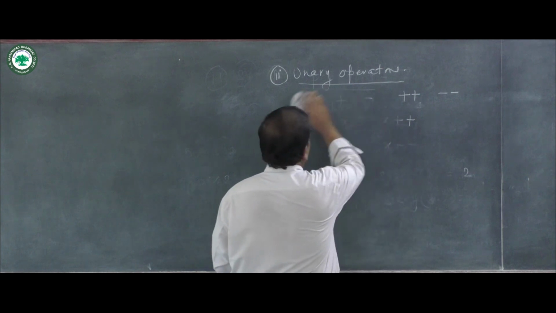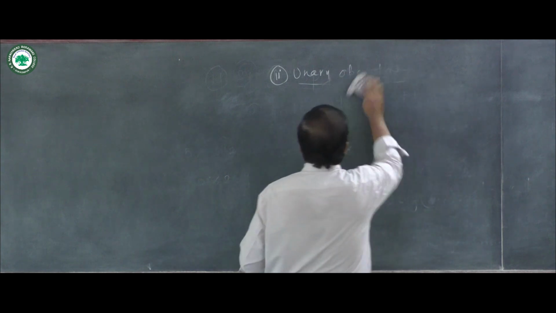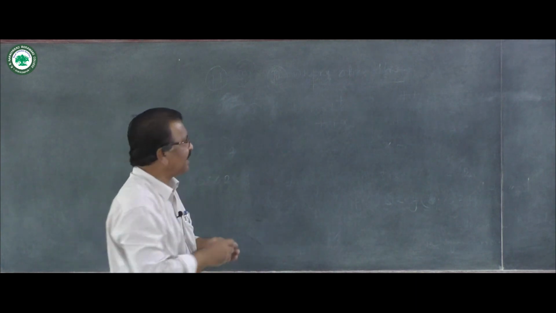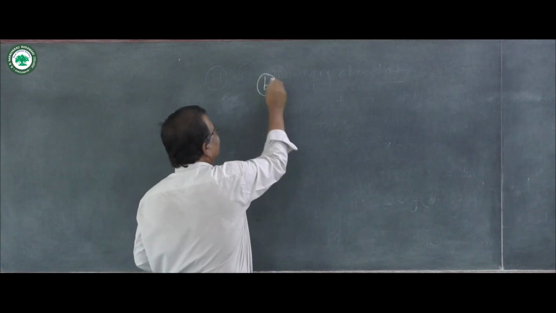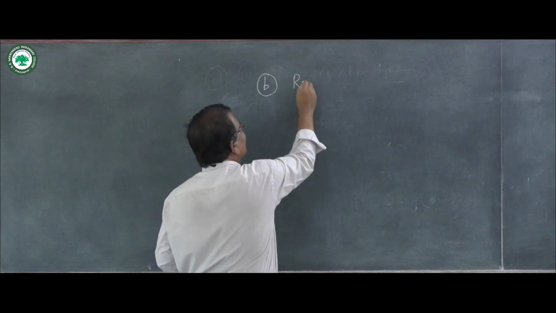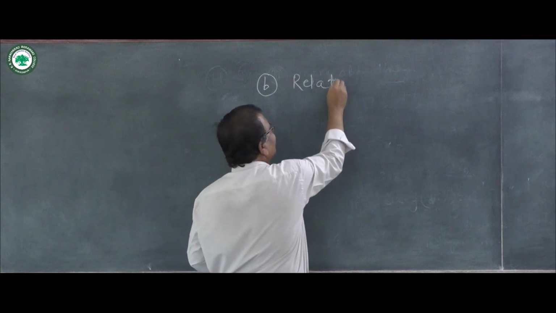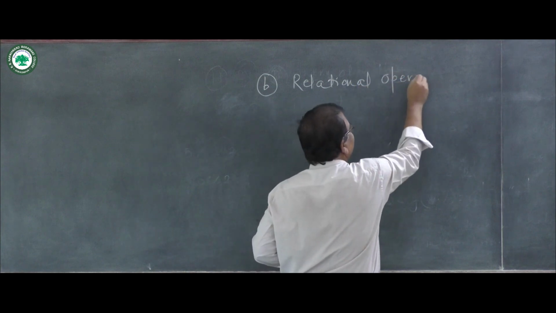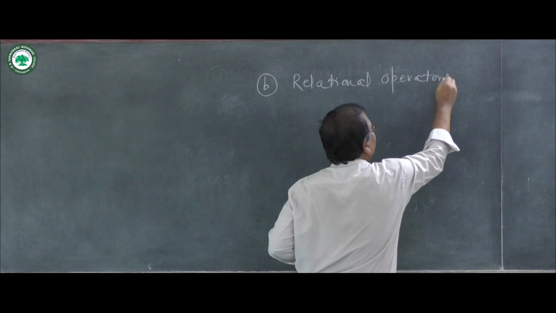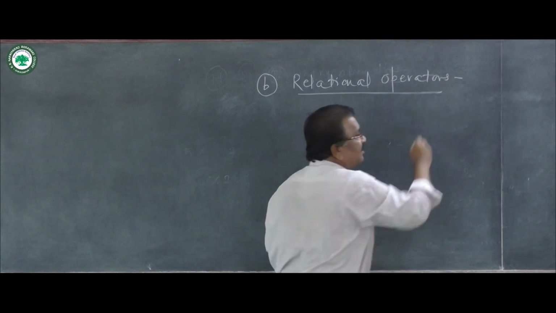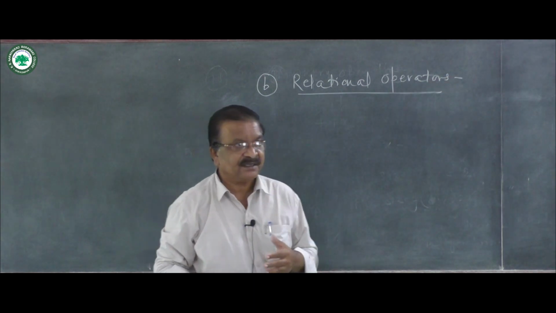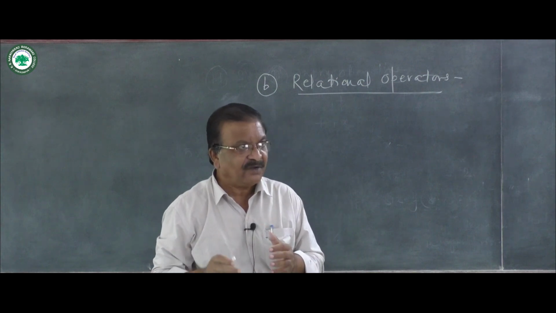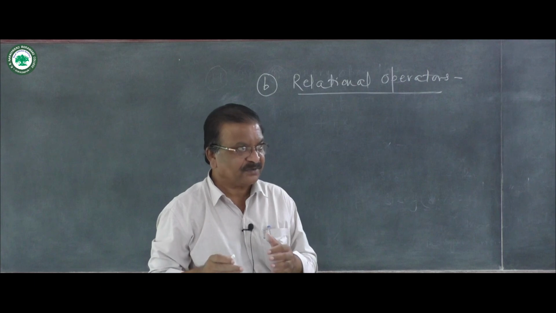After these unary operators, we will go to the next type of operators, namely relational operators. After arithmetic operators, we have relational operators. Relational operators are used to test the value of an expression.